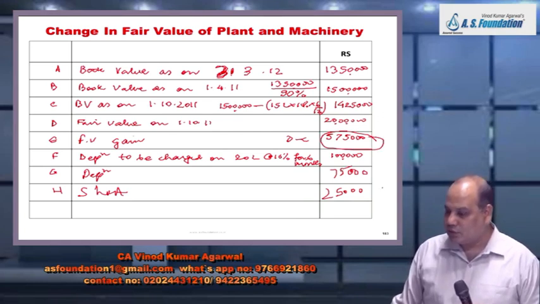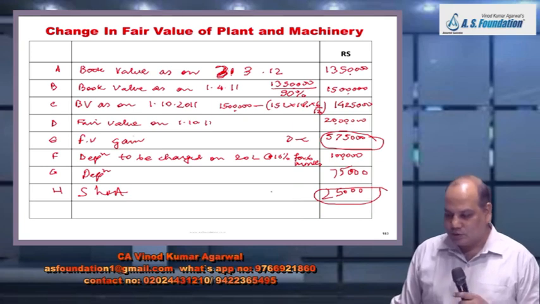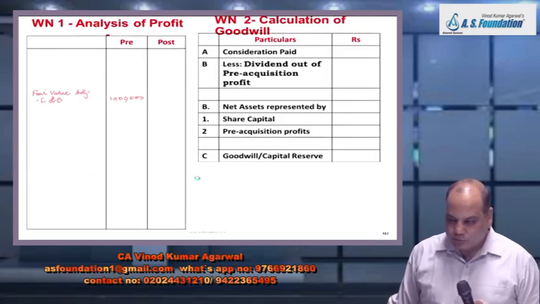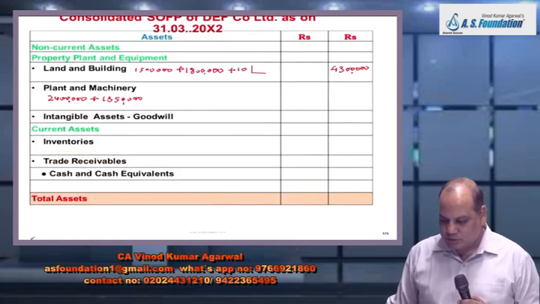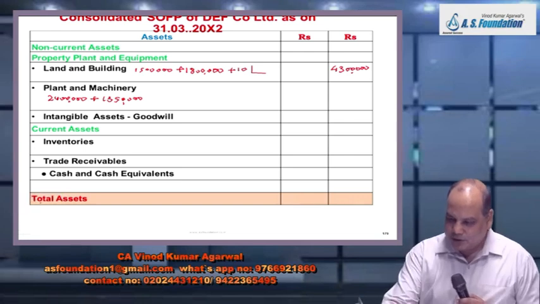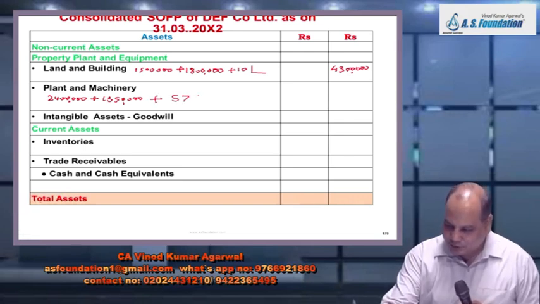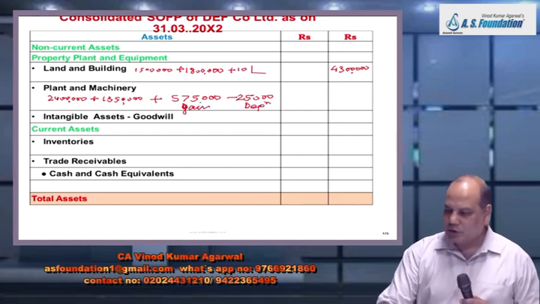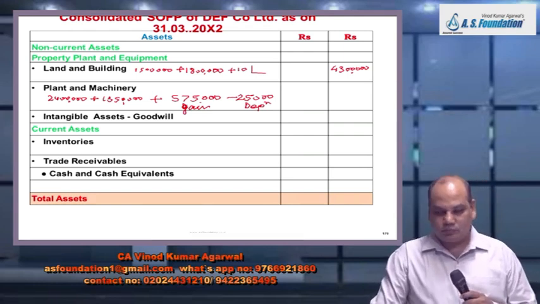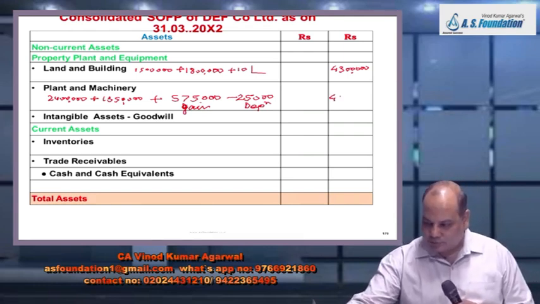Increase in value 5,75,000 plus depreciation 25,000 less. So first you come to SOFP, PPE, add 5 lakh 75,000 minus 25,000. This is depreciation, this is gain. So what is the final figure? Again 43 lakh.